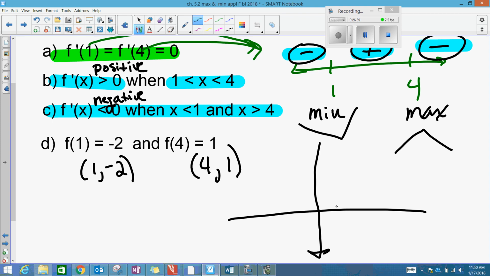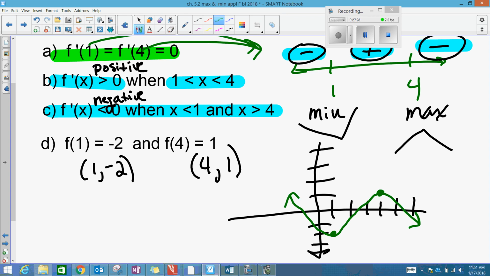So we need points at 1 and 4. Now we need (1, -2) and (4, 1). And now we know it's decreasing until it gets to 1, and then it's increasing, and then it's decreasing.